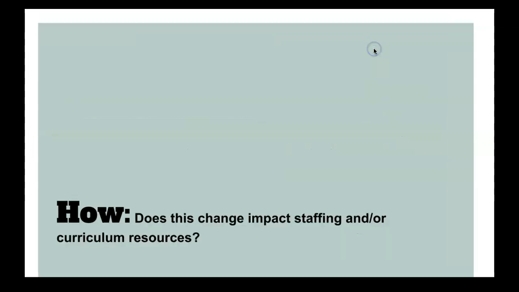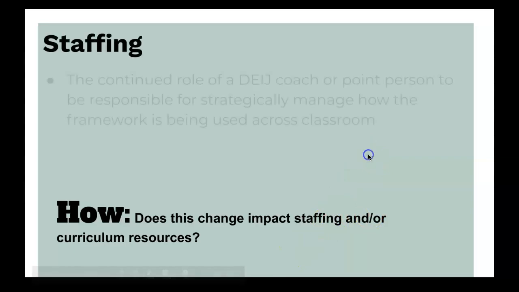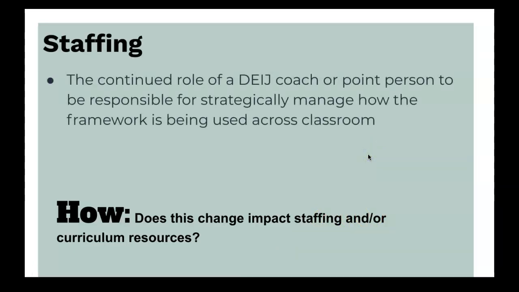How does this change impact staffing and/or curriculum resources? As far as staffing, I think it's definitely important to continue the role of a DEIJ coach or a point person to be responsible for that strategic tracking and to strategically manage and see, okay, where have we been able to integrate this in 3rd grade? Have we been able to integrate this in 7th grade? Where have we integrated in the 11th grade courses or in the science courses of middle school?